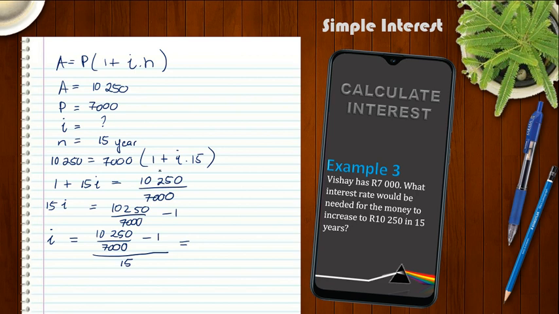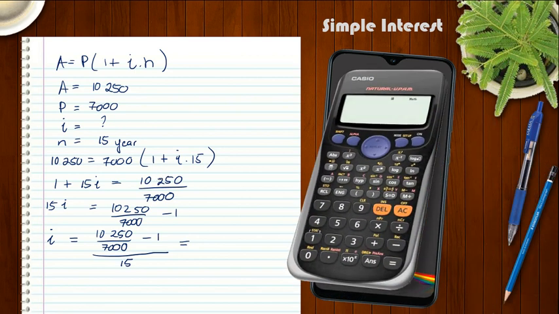Okay, so let's type this into the calculator. We start with two fractions, and in the top fraction we have the 10,250 over 7,000 minus 1, and then in the denominator we have our 15, and so we get our interest as 0.03095.